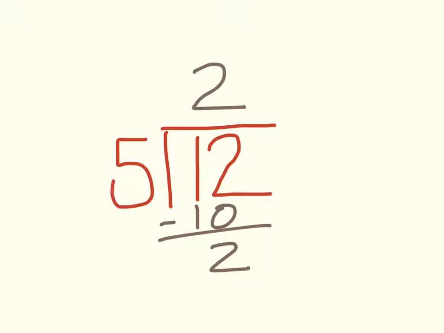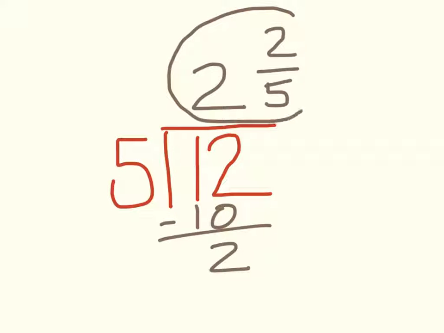And so each friend is going to get 2, and there's my divisor, there's my remainder. So each friend is going to get 2 2/5 bags of candy.